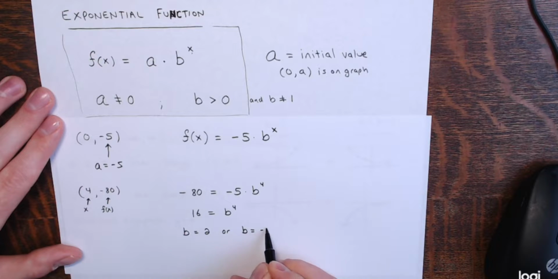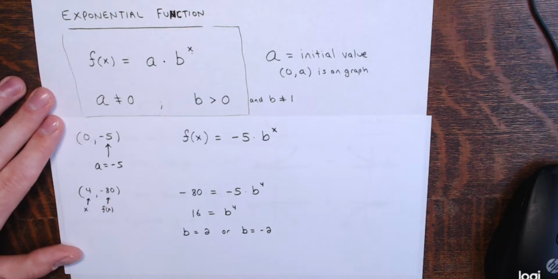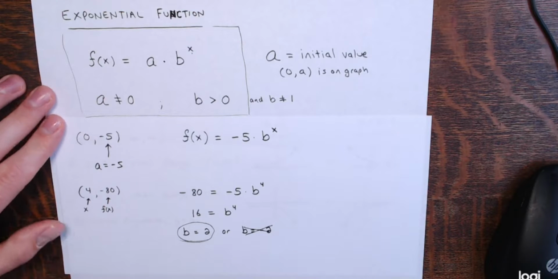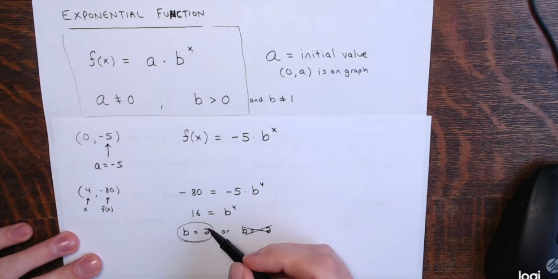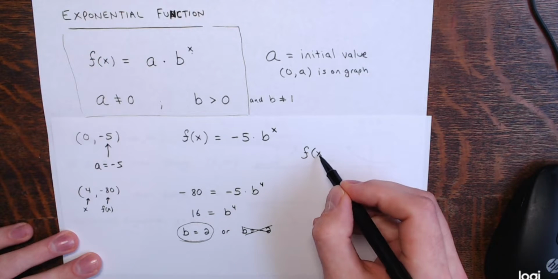Right, 2 to the 4th is 16. -2 to the 4th is also 16. But remember the base in our definition of an exponential function must be positive, so we can't use the -2 base. So popping that in, we get our function that has these 2 points on it.